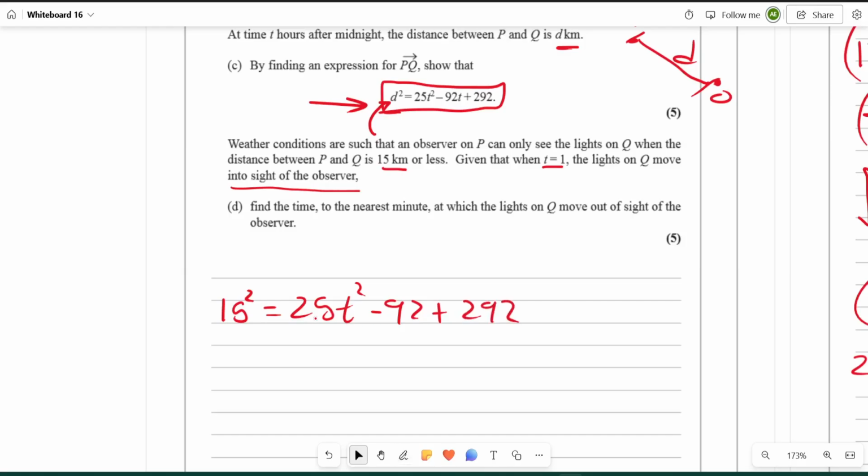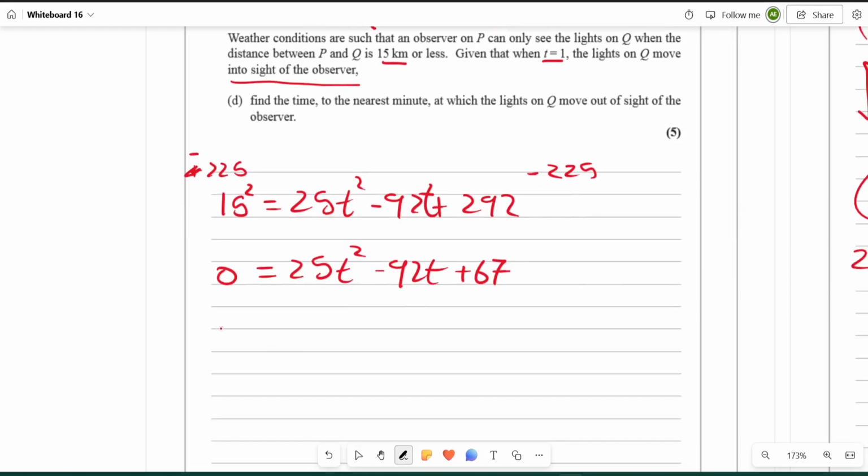So 15 squared is basically 225. Subtracting 225 from both sides is going to make this side 0, and this is going to be 25t squared minus 92t, and then 292 minus 225 is basically 67. So now I can see that this is a quadratic equation.